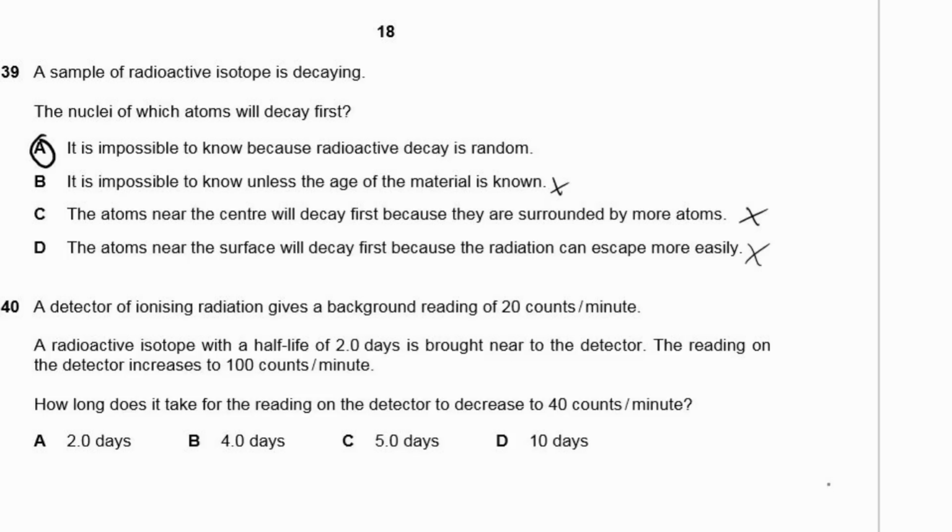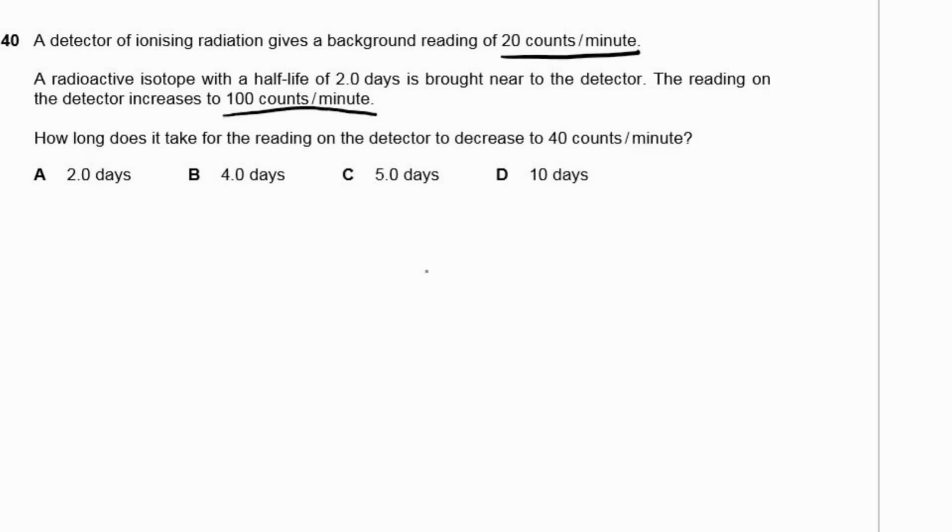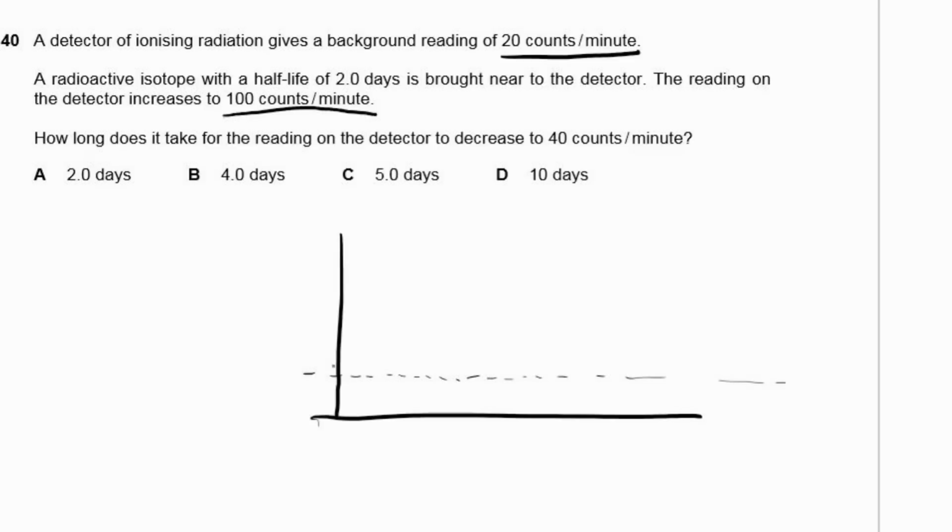40. A detector of ionizing radiation gives a background reading of 20 counts per minute. A radioisotope with a half-life of 2 days is brought near the detector. The reading on the detector increases to 100 counts per minute. Okay, let's do a basic little hand-drawn graph of this. We've got 20 counts per minute, which is just background.